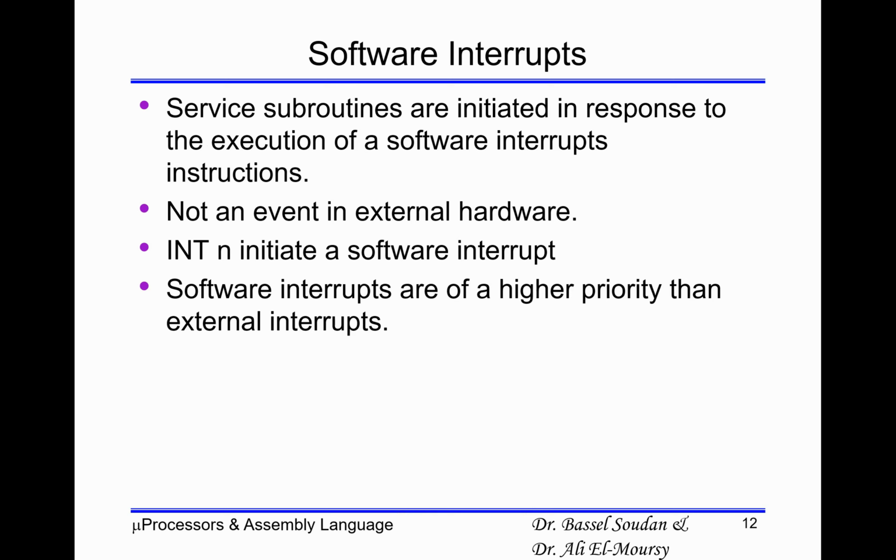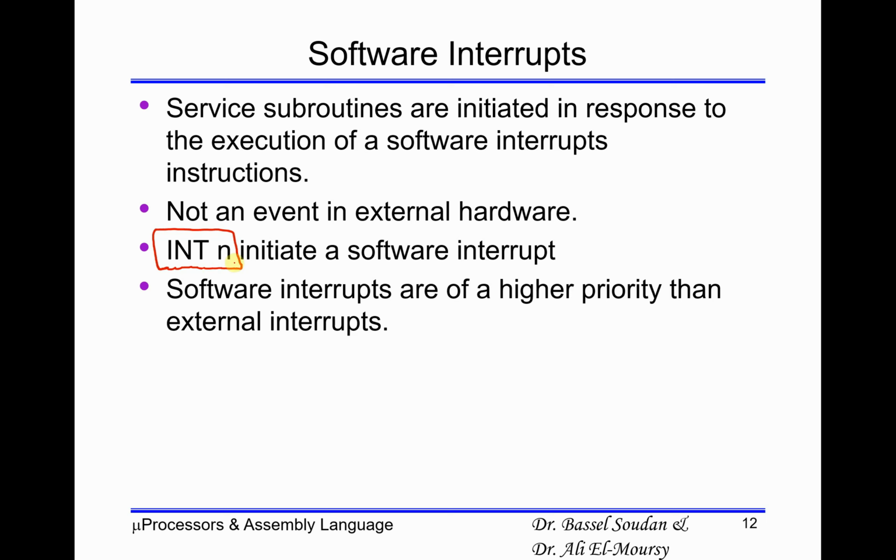The second highest priority is the software or internal interrupt. The software interrupt uses the int instruction, though there are other instructions that can be used. We will discuss them at the end of the chapter.